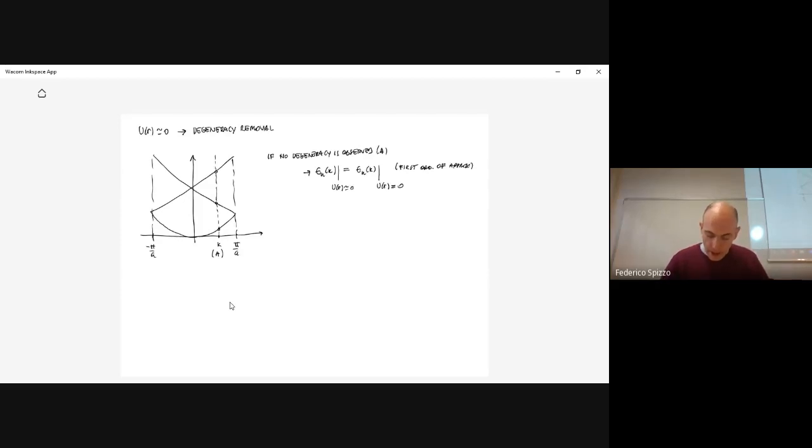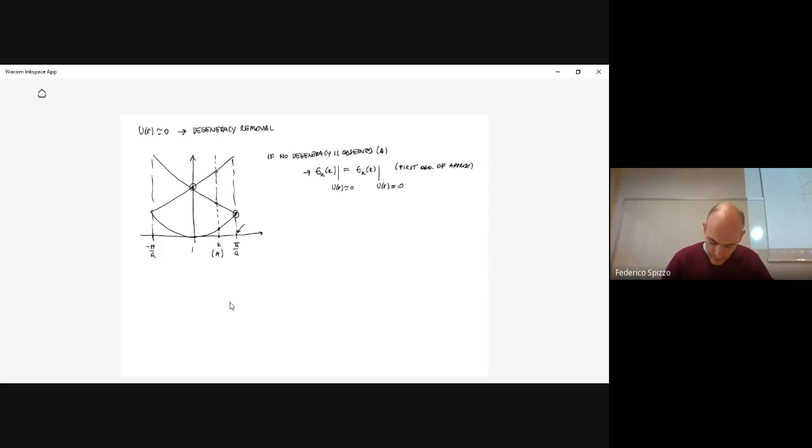You may also have a situation as you have here, if you consider the border of the zone or also the center of the zone. Here in the center of the zone, you have in this intersection two branches that are crossing, and the same situation is found here. So you may have configurations where, for a fixed value of K, you have intersections with two different branches crossing. So in principle, you have two different branches that are giving the same value of the energy.